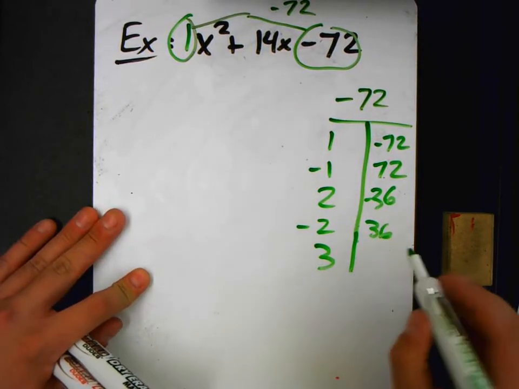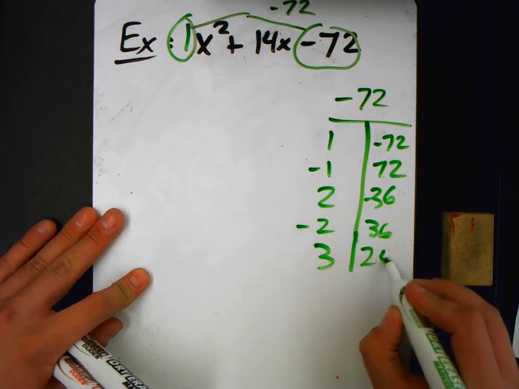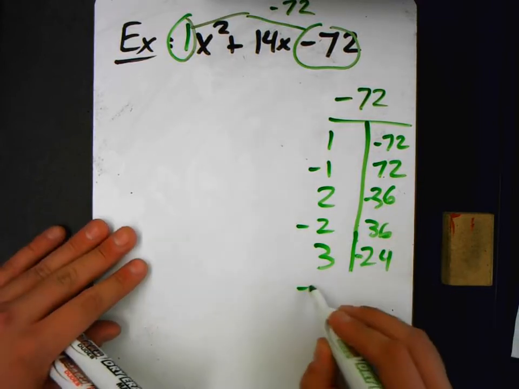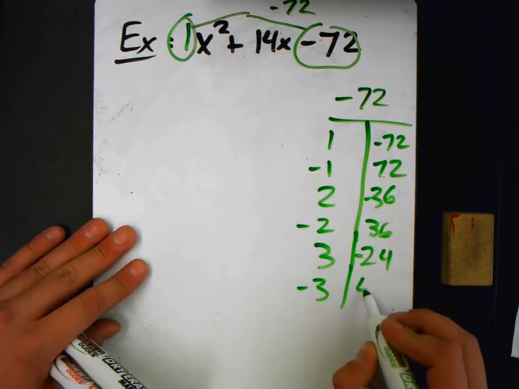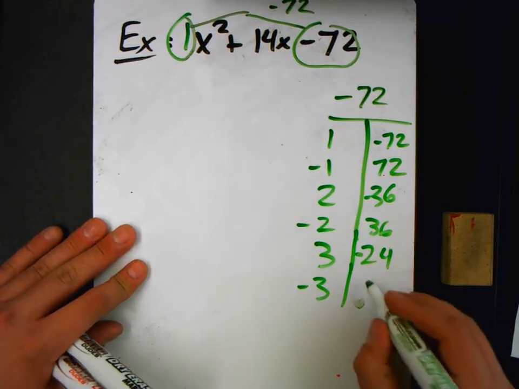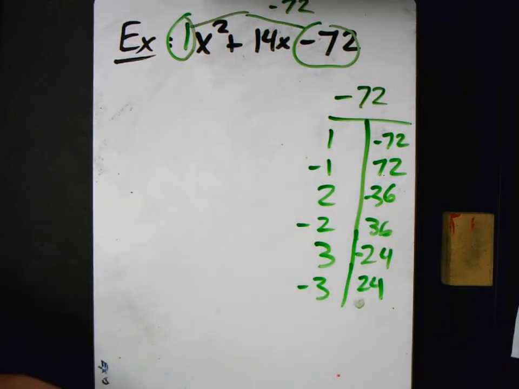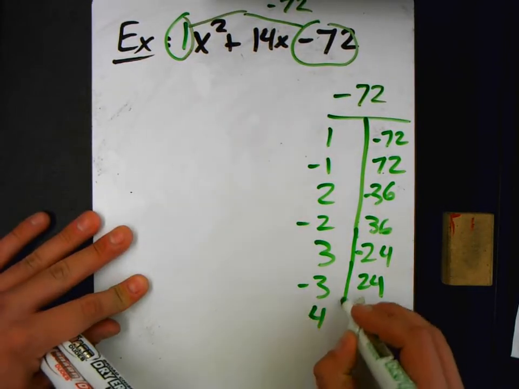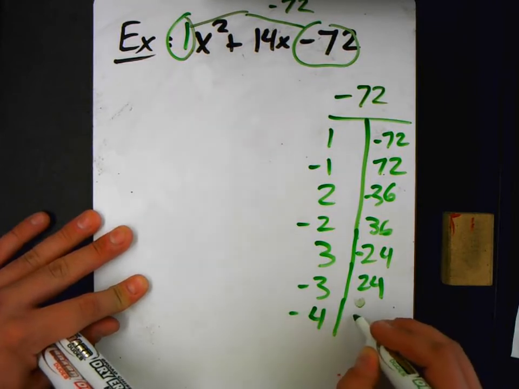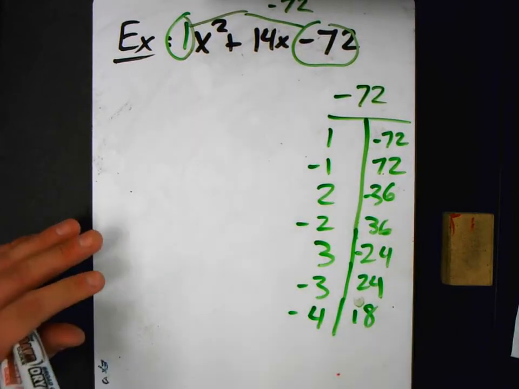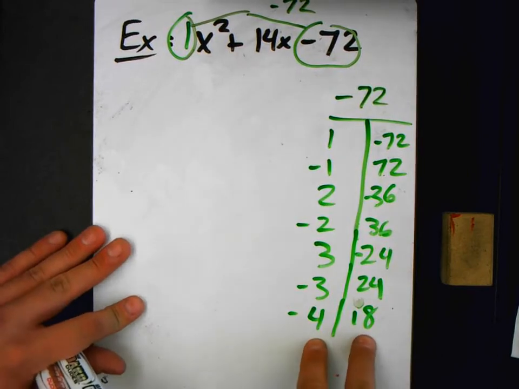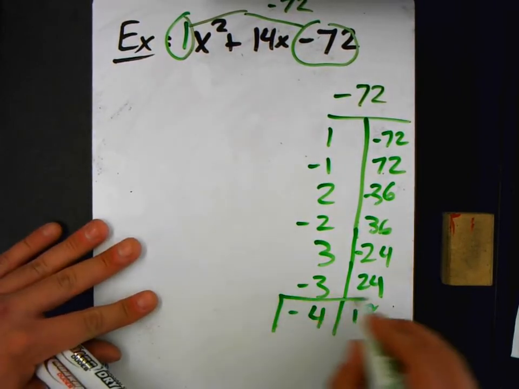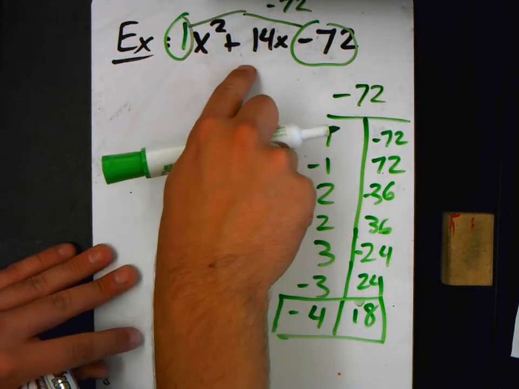Three is a factor of 72, and it goes in 24 times. And then I change the signs. Four is also a factor. Negative 4 and positive 18. And in fact, these two numbers added up together equal my middle term.